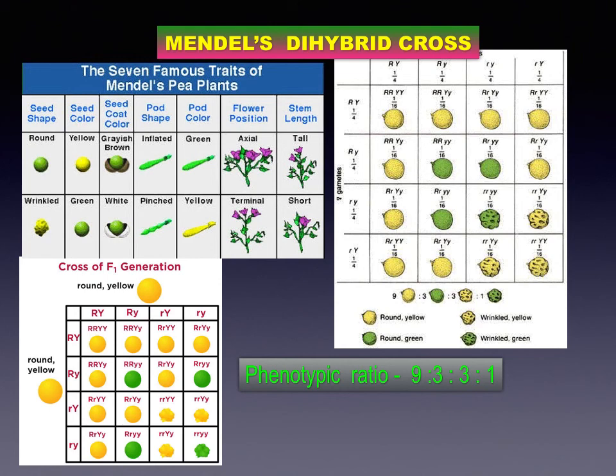So he considered capital Y for yellow color seed and small letter y for green color seed, capital R for round shaped seeds and small letter r for wrinkled seed shape. Thus the parental genotype can be concluded as yellow round seeds and green wrinkled seeds.